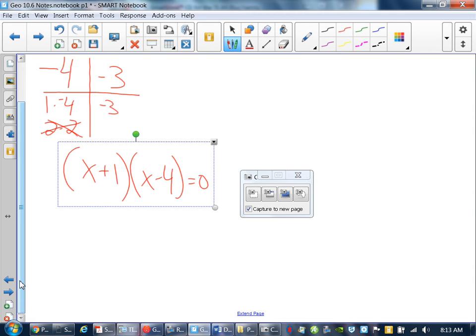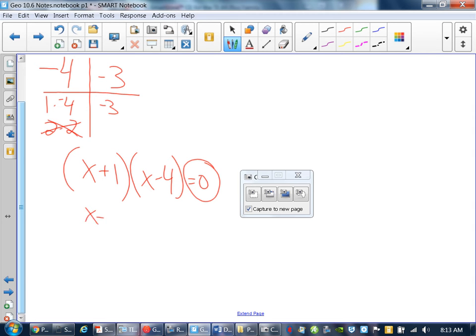Now, these are what we would call terms, okay? Terms, if I multiplied that out, would generate that x squared minus 3x minus 4 if I FOILed all of that out. But I'm looking to find my zeros because it's set equal to 0.